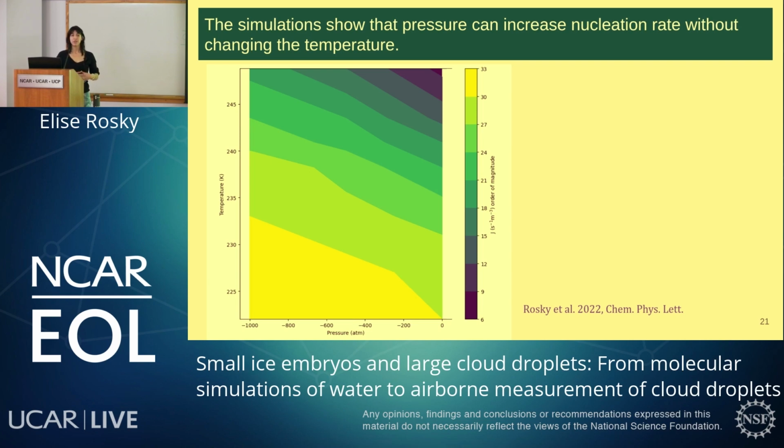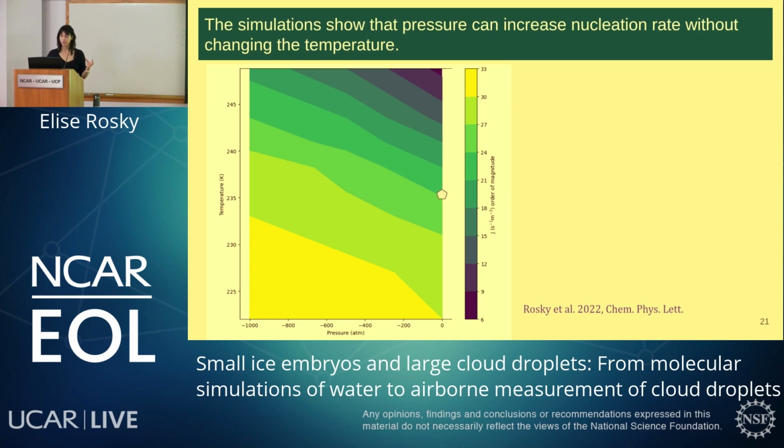So what our simulations showed is that you can increase the ice nucleation rate without lowering the temperature if you have negative pressure. So here we have pressure and temperature coordinates, and the contours are showing lines of constant ice nucleation rate.